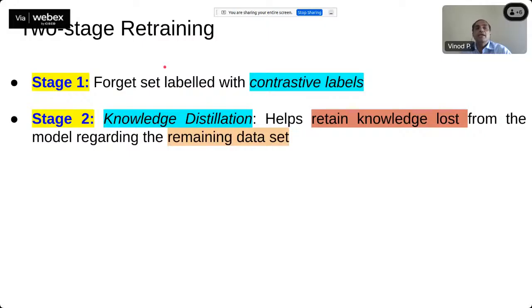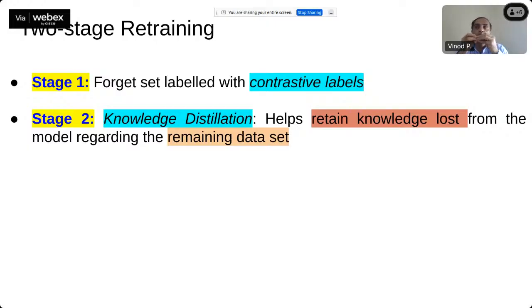The first stage of this unlearning approach is based on creating certain data points which we want to unlearn with a contrastive label. A contrastive label can be thought of as a wrong label corresponding to a data point.